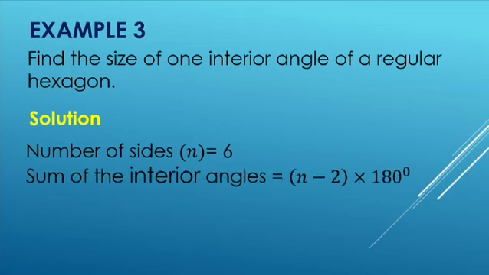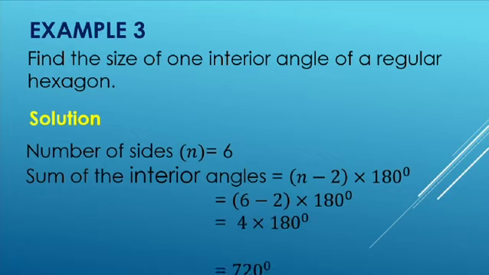That's right. So the sum of interior angles will be (n minus 2) times 180 degrees. That is (6 minus 2) times 180 degrees, and 6 minus 2 is 4. And 4 times 180 degrees is 720 degrees. So 720 degrees represents the sum of all the interior angles, right?